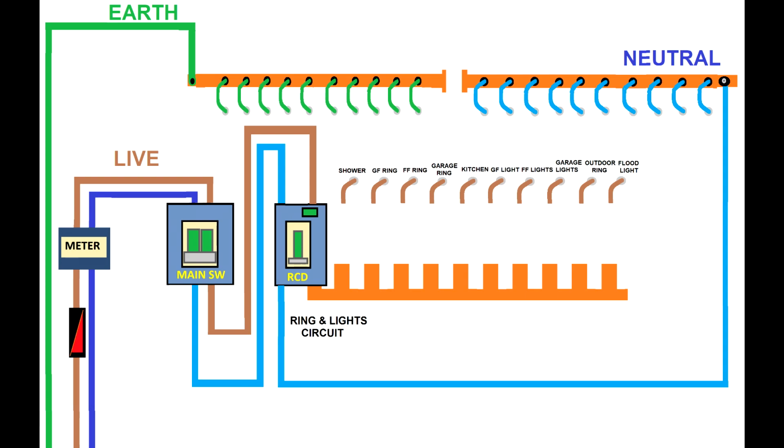So once you reach a value of 30 milliamps, that residual current device will trip, and it will cut the power supply for the entire home, which will be pretty inconvenient for you.